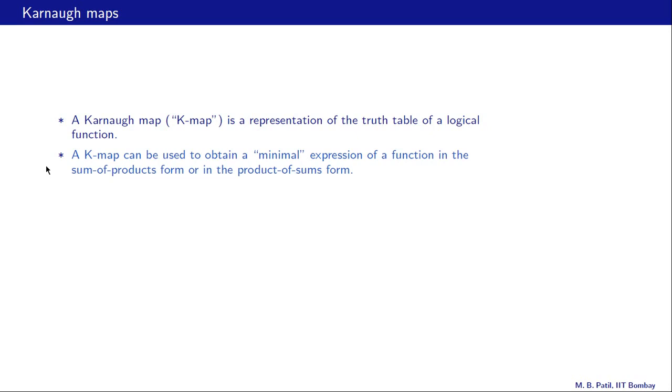A K map can be used to obtain a minimal expression of a function in the sum of products form or in the product of sums form. Now in our course we will mostly deal with the first one, the sum of products form, but once you understand how that is happening, you should be able to pick up very easily the product of sums K map as well.